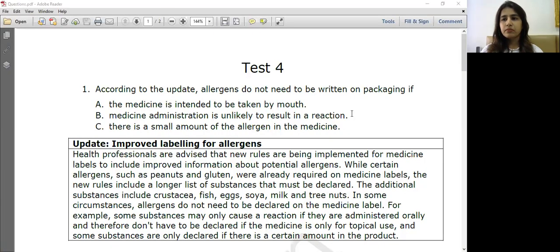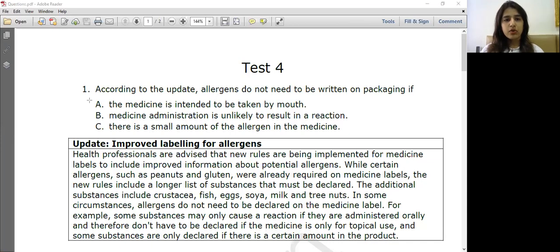So you would have to use the appropriate strategy, and for that you need to understand the type of question you are dealing with.